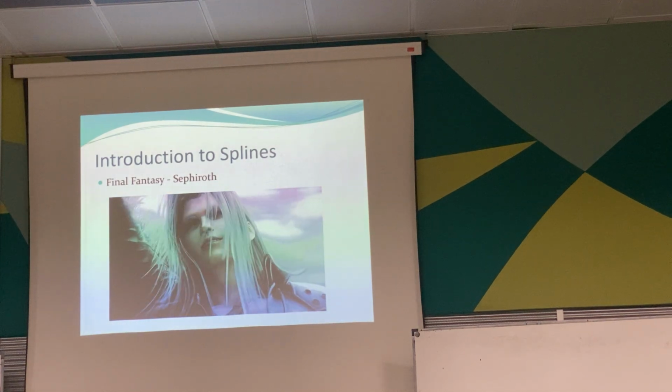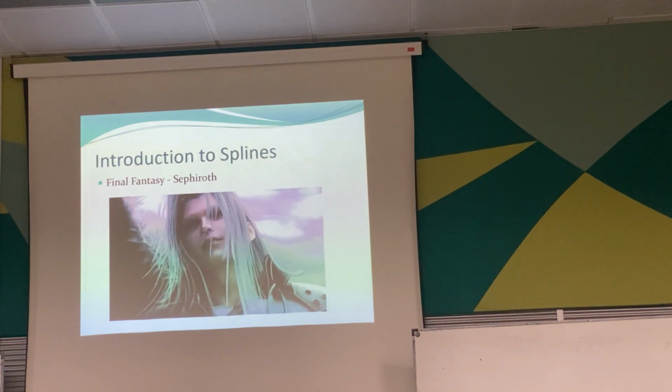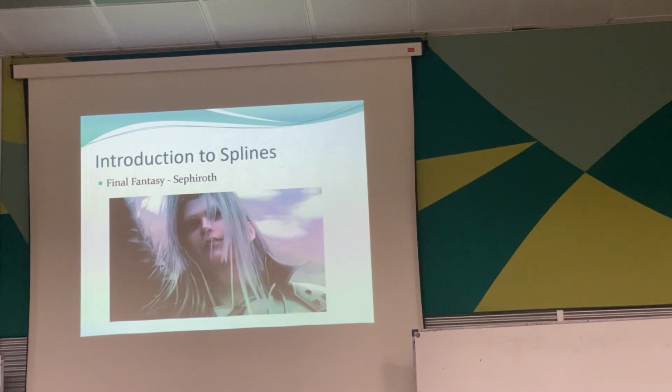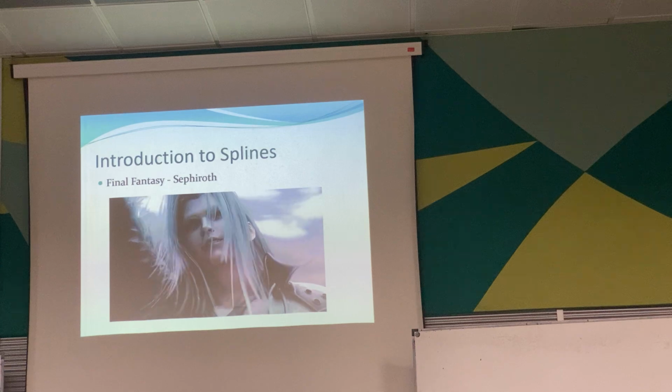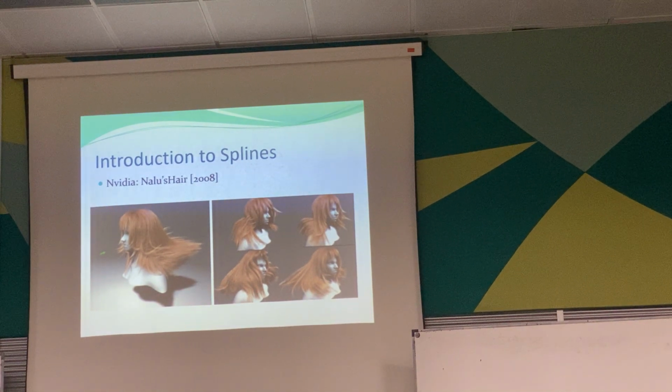So with the introduction of splines, you can have very good quality animations, with all this curve changing of the line, which can be supported by our NVIDIA graphics cards since 2008.